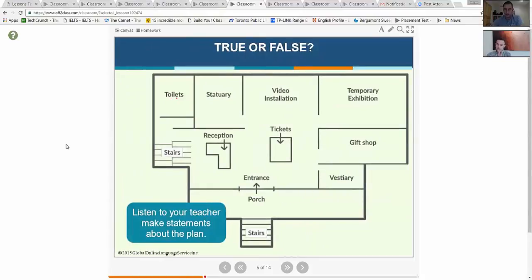Now, obviously, I'm happy for you to come onto our site and use ours, but feel free to do something very basic, on paper, that you can keep and use again and again. You can start with something like this that has labels all over it and ask the student to guide you through.